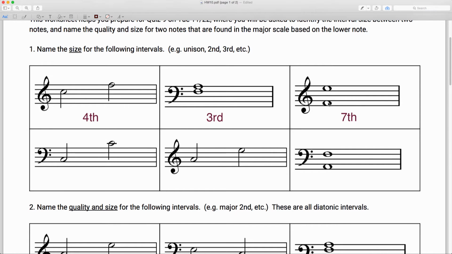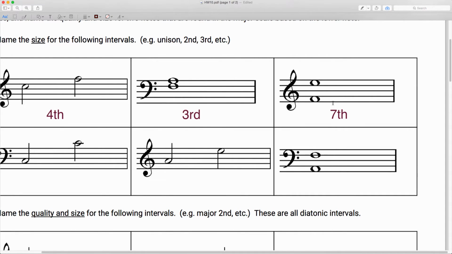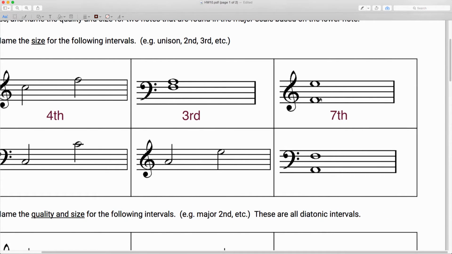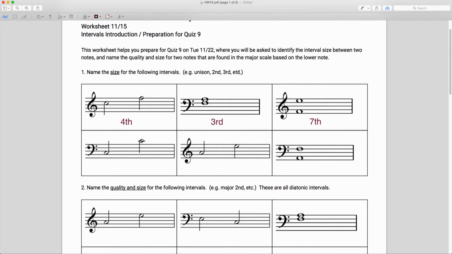So this is an F. Zoom in here. F, G, A, B, C, D, E is 7. Okay, so it's 7th. Also, just a reminder that we're starting with the bottom note and we're counting that bottom note as 1 as part of your calculations.